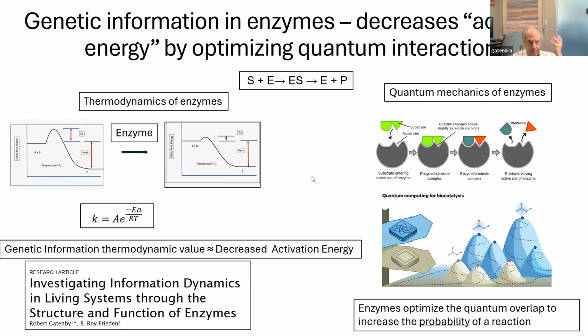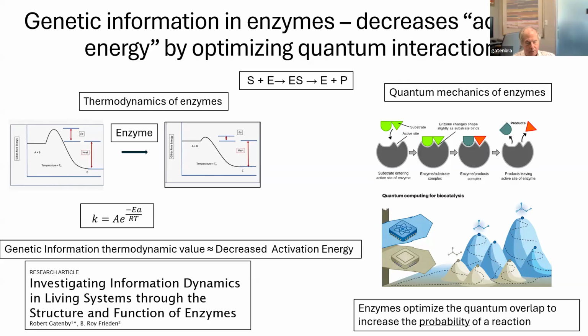We were all taught in high school that the role of enzymes is to decrease the energy of activation. It doesn't substantially change the thermodynamics of the pre-reaction, post-reaction changes. It simply accelerates them by this peculiar kind of decrease in the activation energy. Prior studies pointed out that the value of the genetic information in terms of thermodynamic value is expressed in this decreased activation energy.